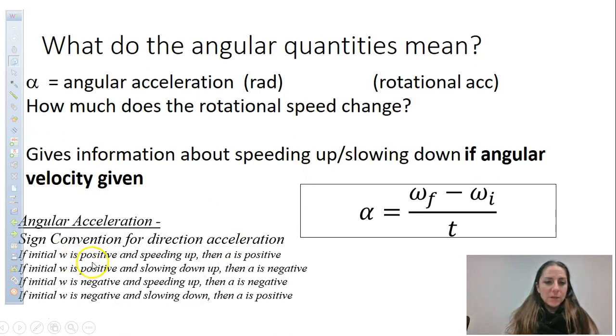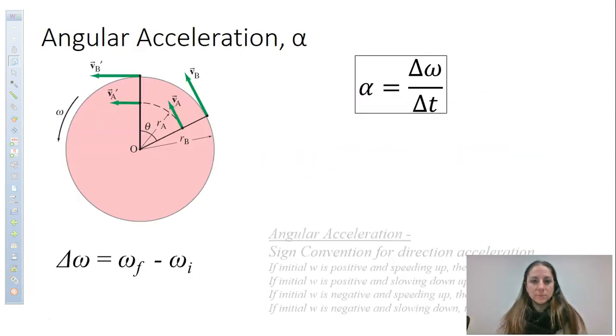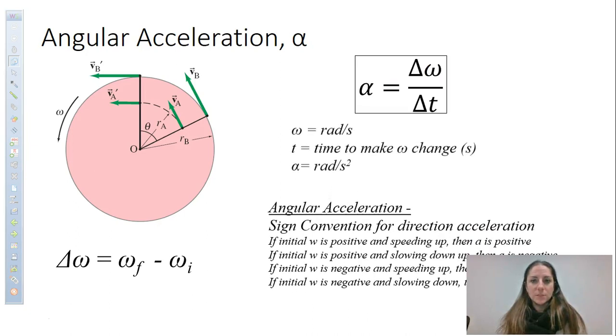If your initial omega is positive and you're speeding up, then acceleration will be positive because you're going the same direction. So you're going to have it increase that way, and vice versa. I'll let you read these, but the sign conventions for angular acceleration are identical to that of linear velocities. And that's what this is. The units are radians per second squared.